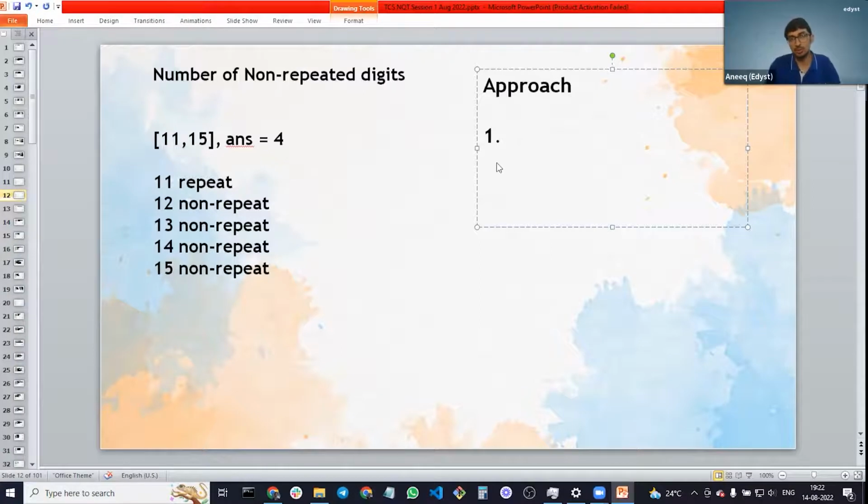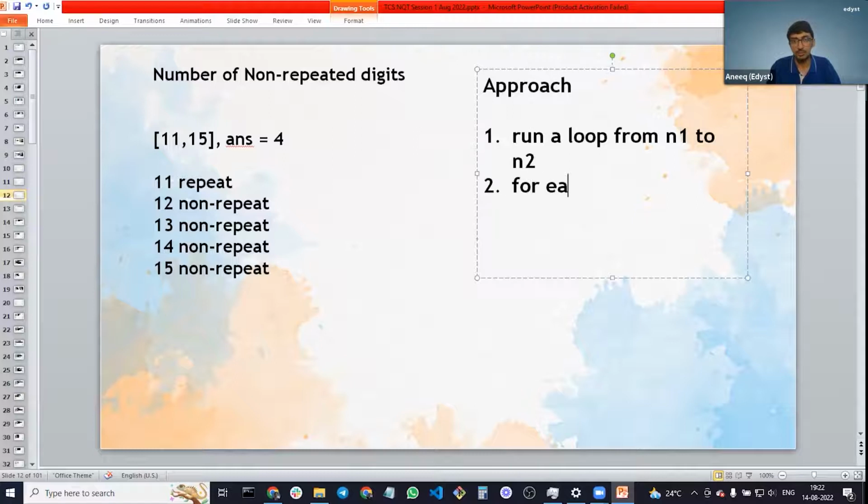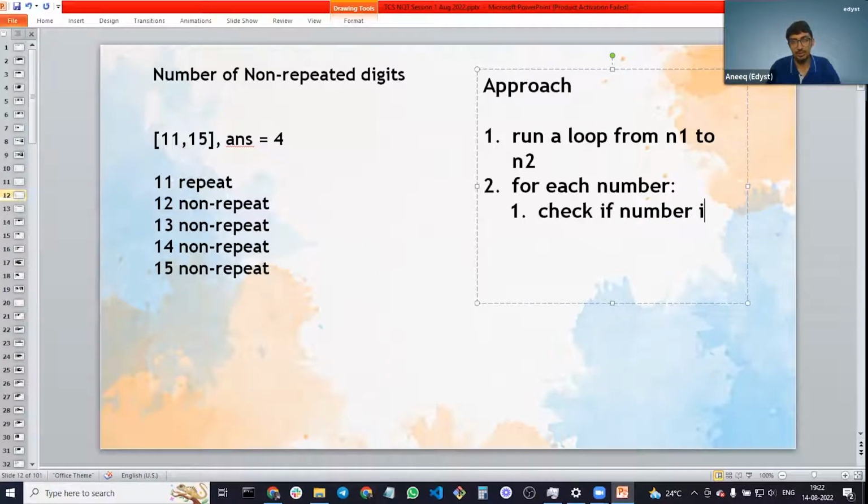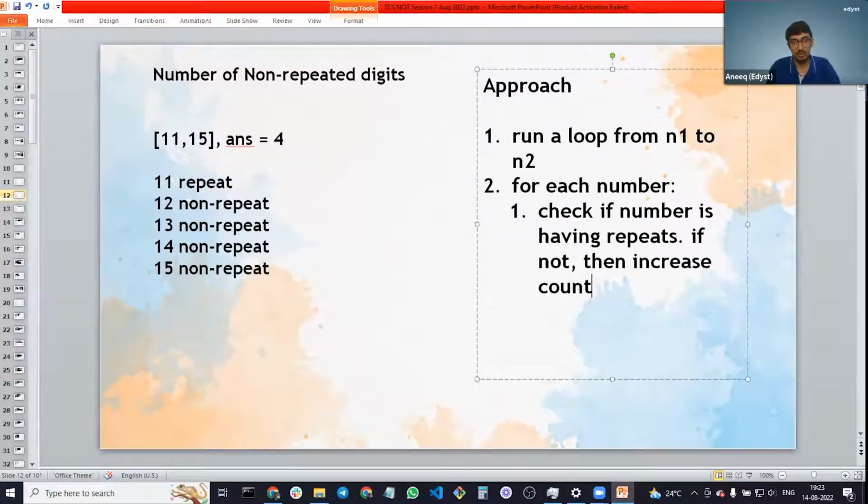The most basic thing is to run a loop from N1 to N2 for each number, check if the number has repeats, and if not, increase count.